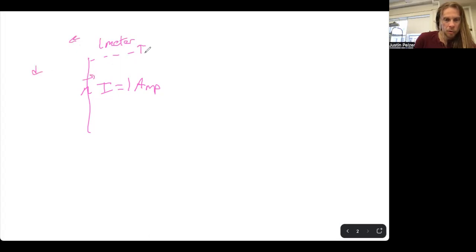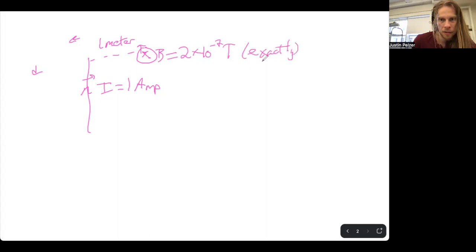Right here, it's going to point into the page. The magnetic field points into the page, and the magnetic field will be 2 times 10 to the negative 7 Tesla exactly. This defines what a Tesla is. It's one of the few constants that's defined as opposed to measured.